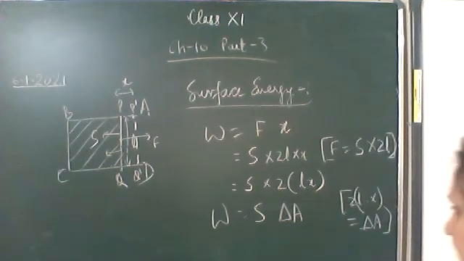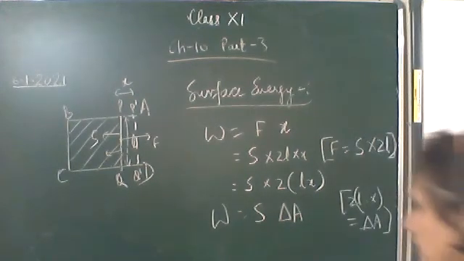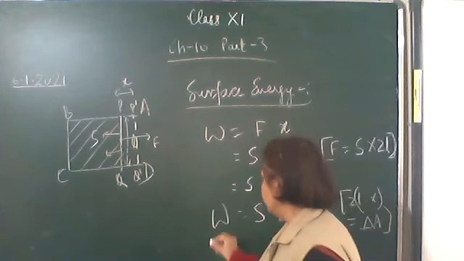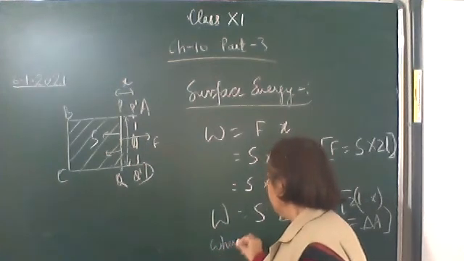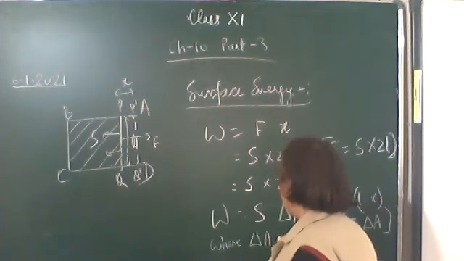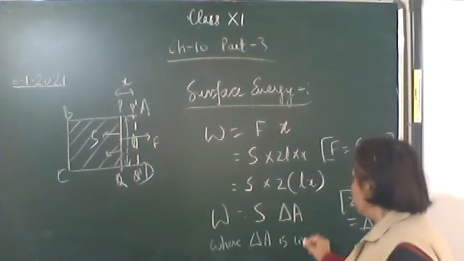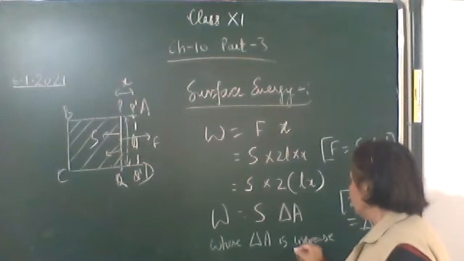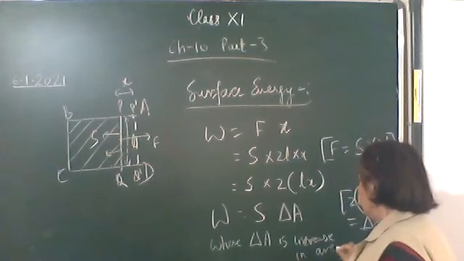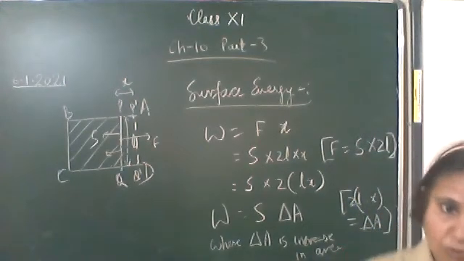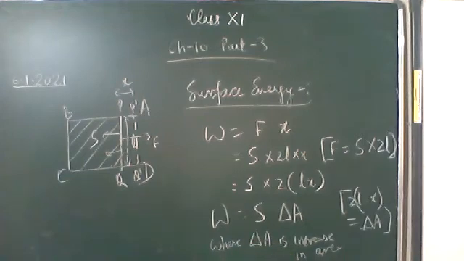Write it down, and then you will write down where delta A is. Delta A is the increase in area of both the surfaces, both the films, one in the front and the other at the back.